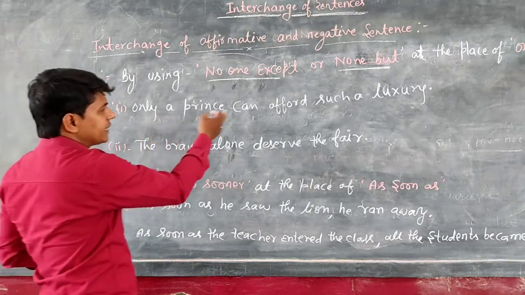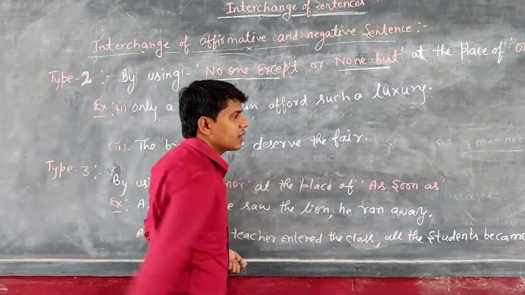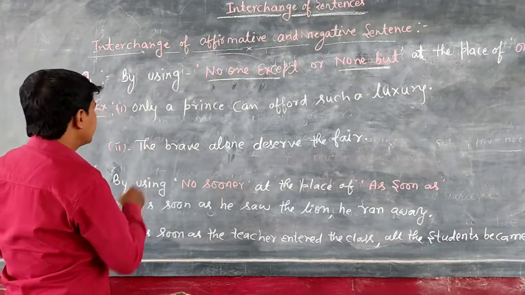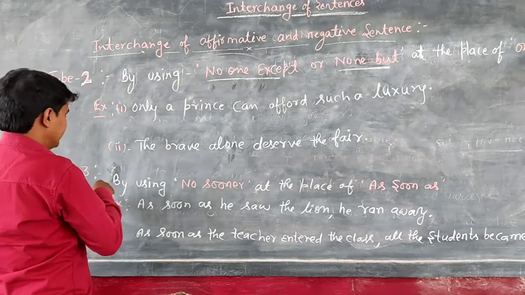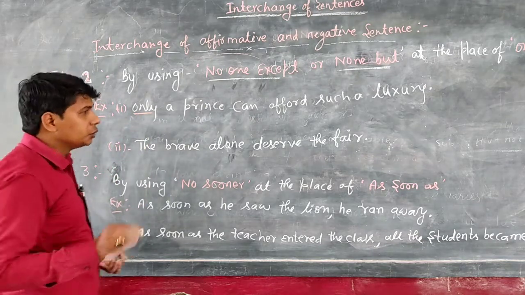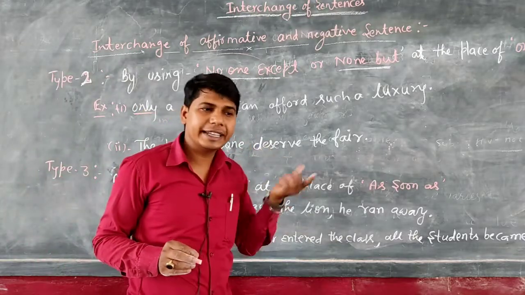Only a prince can afford such a luxury. So students, you can see this affirmative sentence is starting with the word only. Now you have to change it into a negative sentence.